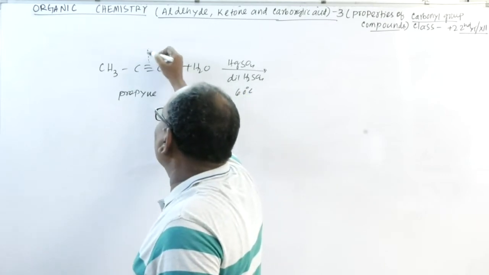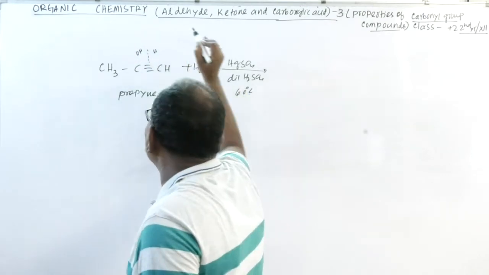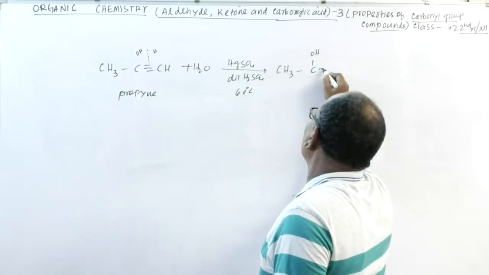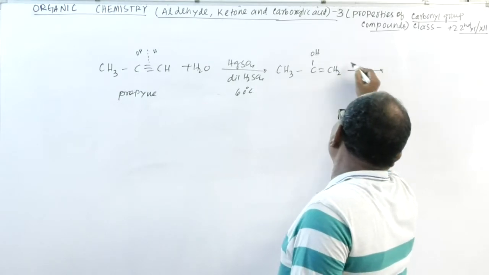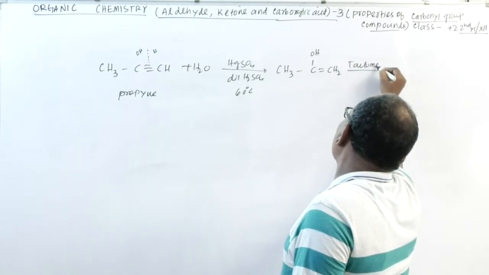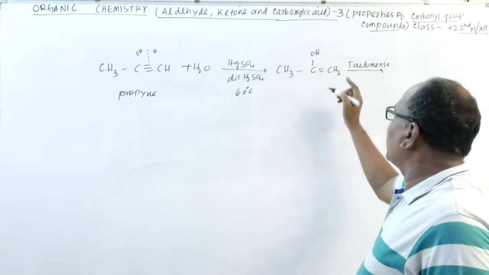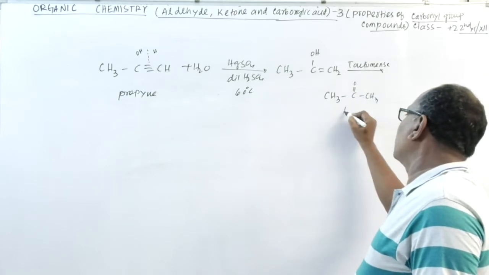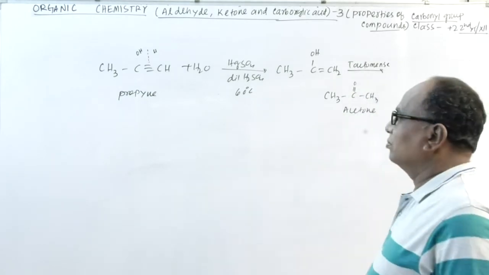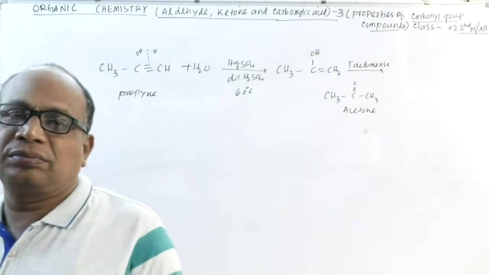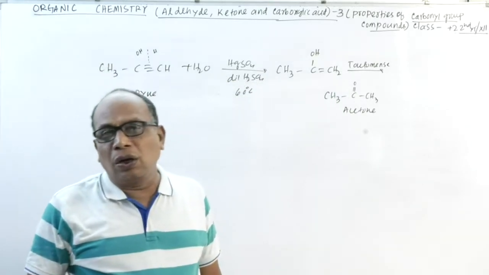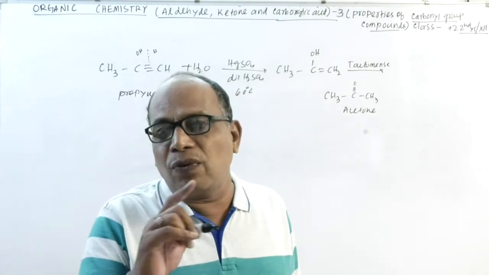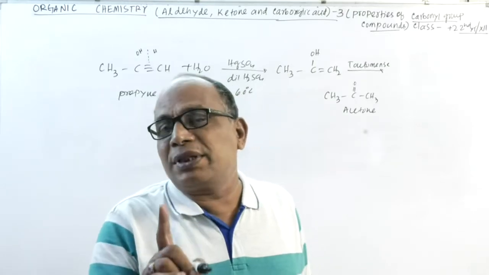So during addition of this water molecule, this side is OH, this side is H. So this gives you CH3C(OH)=CH2, which undergoes tautomerism. This H comes here, it becomes CH3C(=O)CH3. This is your acetone. So only acetylene gives acetaldehyde. Other alkynes, whether alkyne 1 or alkyne 2, whatever it may be, always give a ketone.